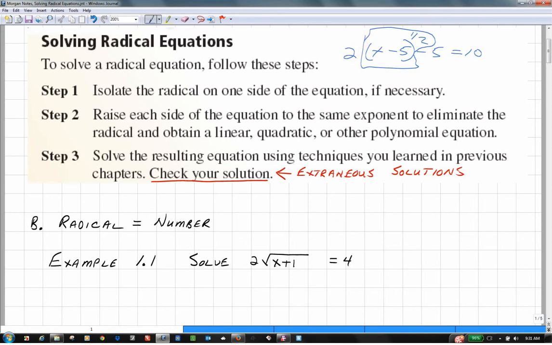I can't get it out of there until I've moved that part over and divided by 2. So everybody understand that? We're isolating the part with the rational exponent or the radical. Okay, we've got to get that alone.